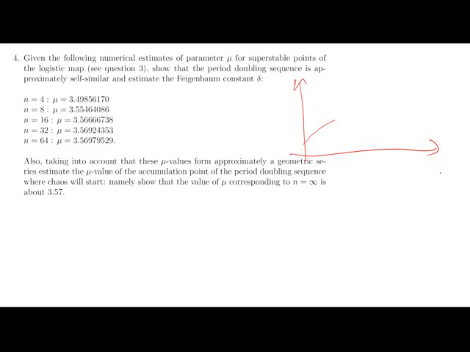This is our parameter mu, and this is our fixed points x. This was fixed point x2. Then these two, it becomes unstable, and there were x3 and x4, the 2 periodic solution. Then they became unstable, and we were getting more.